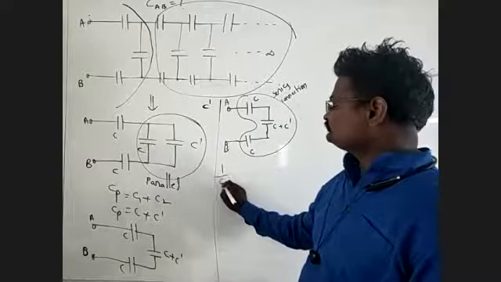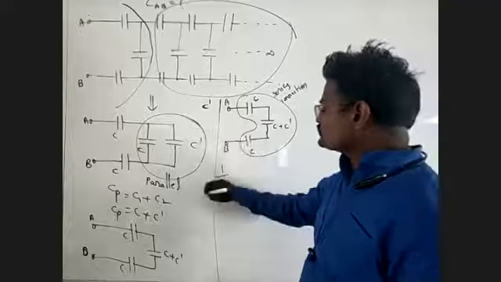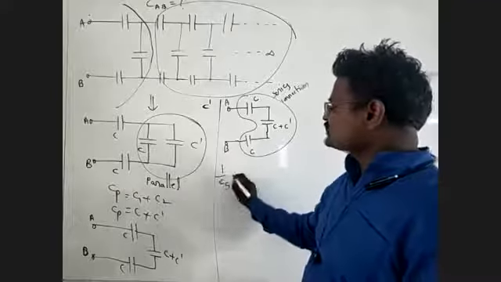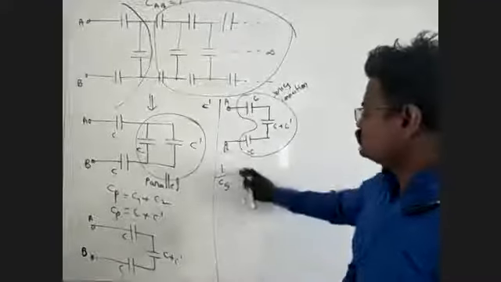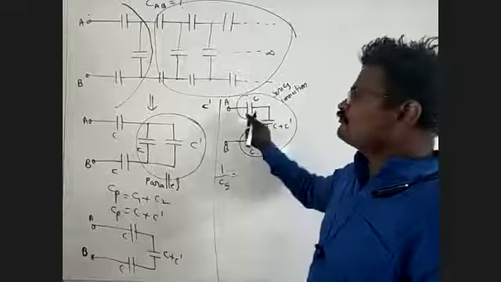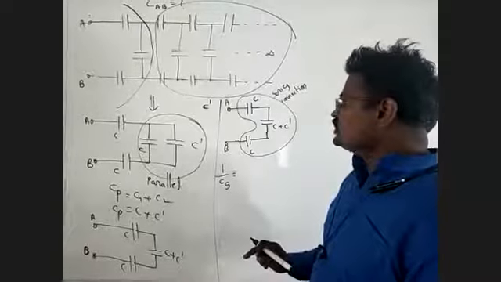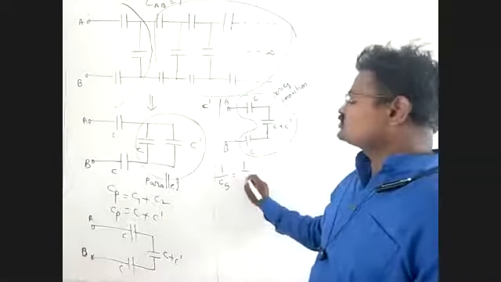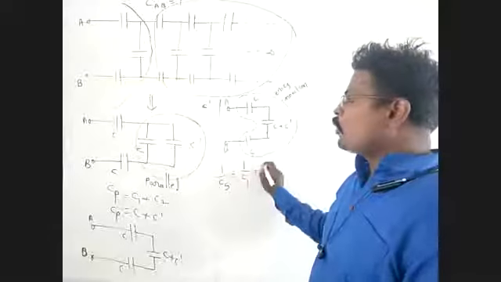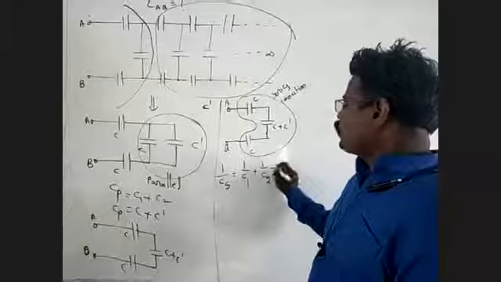This is C series. I'm checking how many capacitors: 1, 2, 3. Three capacitors are connected in series combination. So 1 by C_S is equal to 1 by C1 plus 1 by C2 plus 1 by C3.